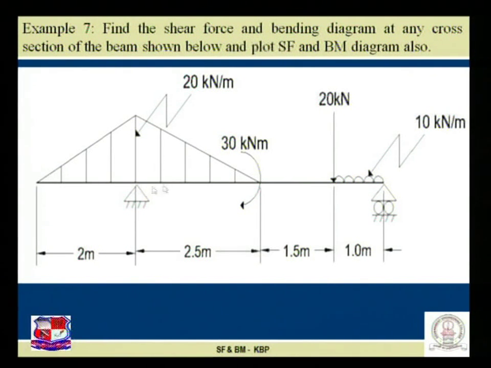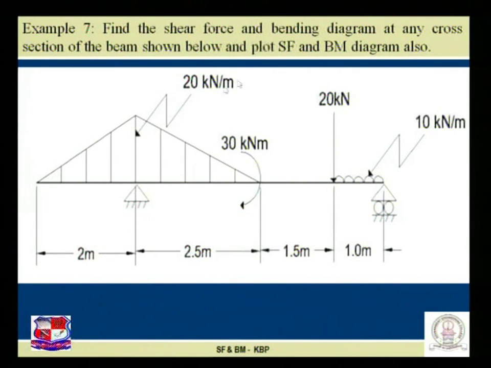Yes, given beam, visualize. This much portion is projected beyond the support. There is no projection beyond this support. This is obviously a one-way overhanging beam. But in this beam, the beam is subjected to the UVL, to the concentrated moment, to a point load of 20 kilonewton, and to the UDL.